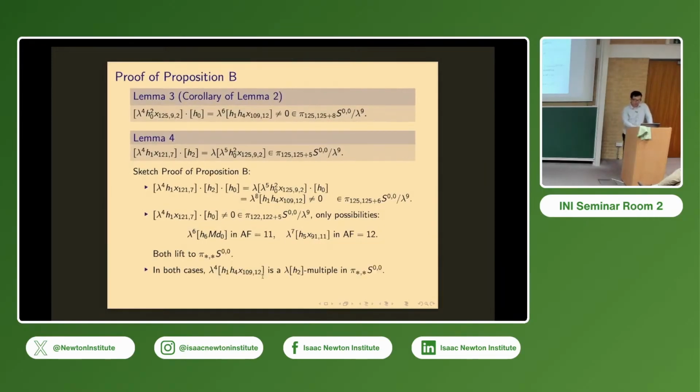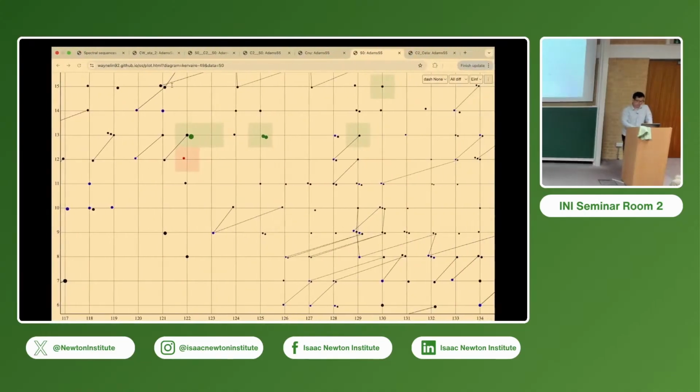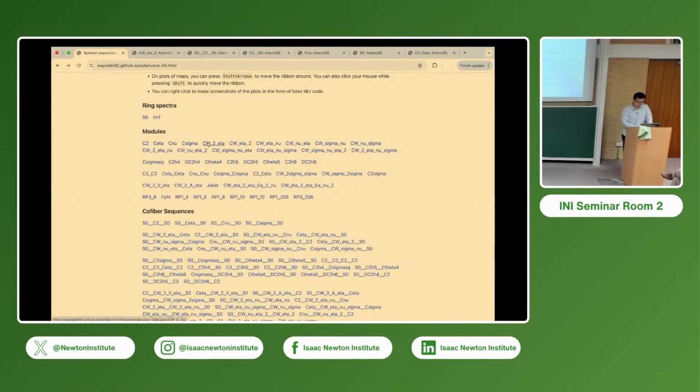And in both cases, this new extension can be lifted to this product in the sphere without on any page. But then we look at the cofiber, so that implies this lambda to the 4th power is a multiple, meaning that this element from the bottom cell in the cofiber has to be killed by a differential of length at least 5. And then let's just check that's not the case.